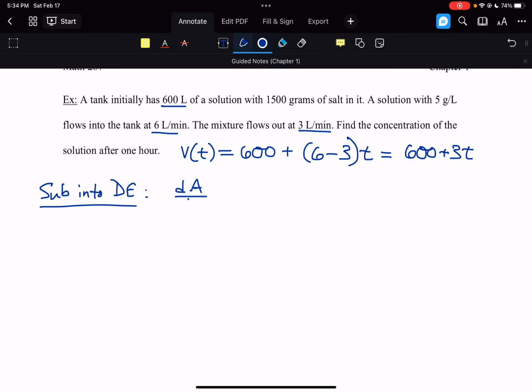So we're going to have dA/dt plus R2 over V. R2 is the flow rate out, so that's 3 over what we just got, 600 plus 3t, times A, equals R1C1. The rate coming in is 6, and the concentration coming in is 5, so 6 times 5 is 30.